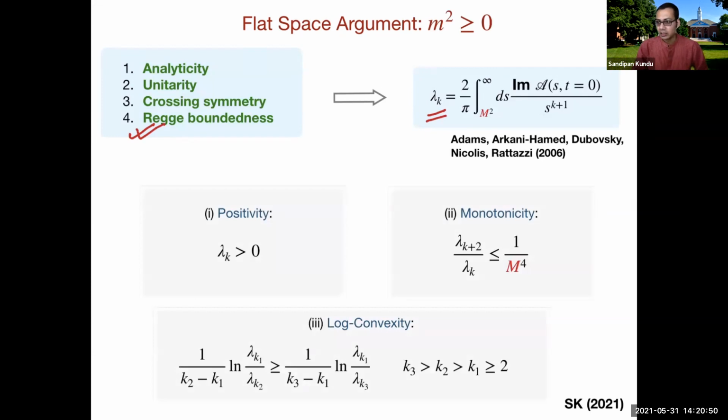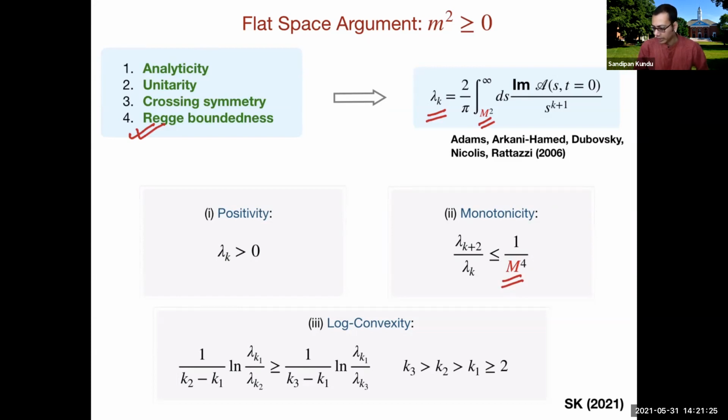The advantage is that now we can have a really physical interpretation of the cutoff scale that I defined in the previous slide. This cutoff scale is basically the lower limit of integration in the dispersion relation. So that means this cutoff scale M, at least in the massive case, is basically the mass of the lightest heavy state exchanged in this scattering amplitude. Or in other words, it's the energy scale where the imaginary part of the forward limit of the amplitude becomes non-zero.